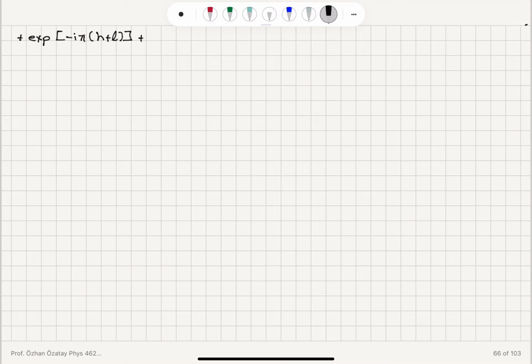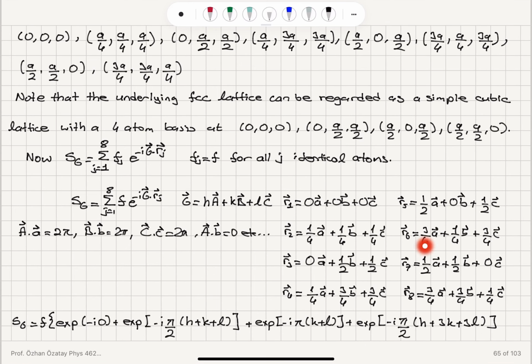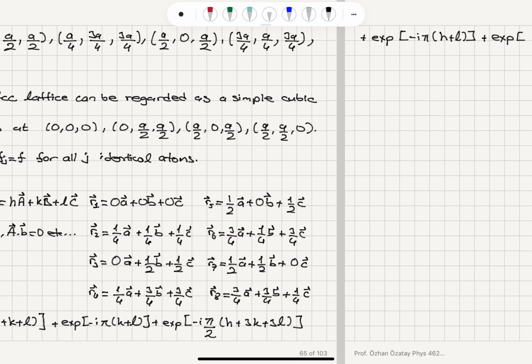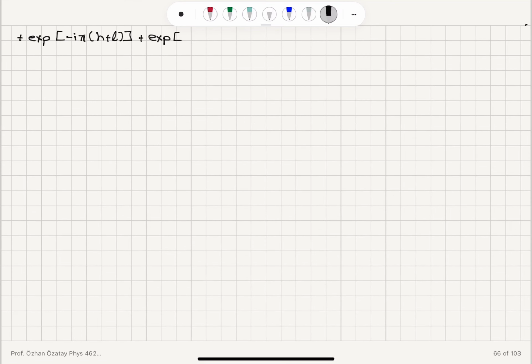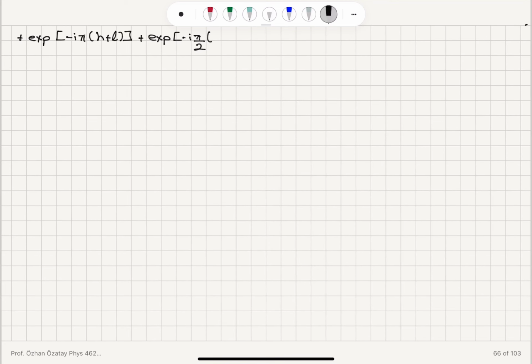The sixth term will be exponential. The sixth one is here, so this will give us pi over 2. 2 pi over 4 gives us pi over 2. So this will be exponential minus i pi over 2. And from the 3 over 4 a, we will get 3h.